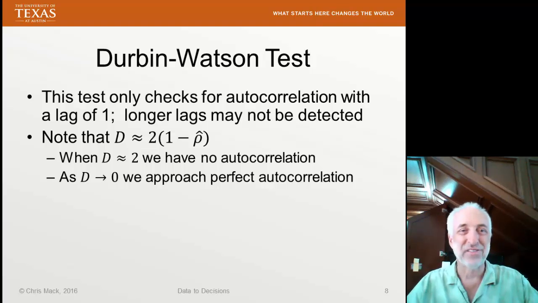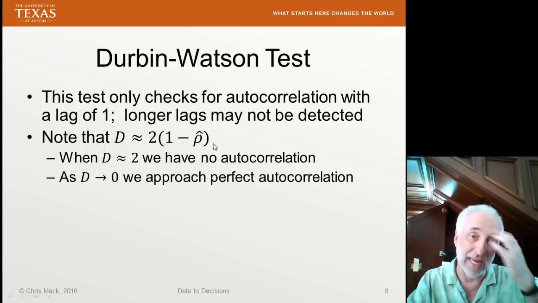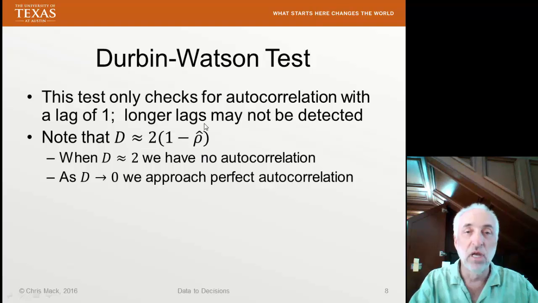Approximately, this statistic, D, the Durbin-Watson statistic, is 2 times 1 minus the estimate of the autocorrelation parameter. So rho's autocorrelation parameter, rho hat, will be our estimate. We'll talk about how to estimate that in a moment. But basically, D is 2 times 1 minus rho.